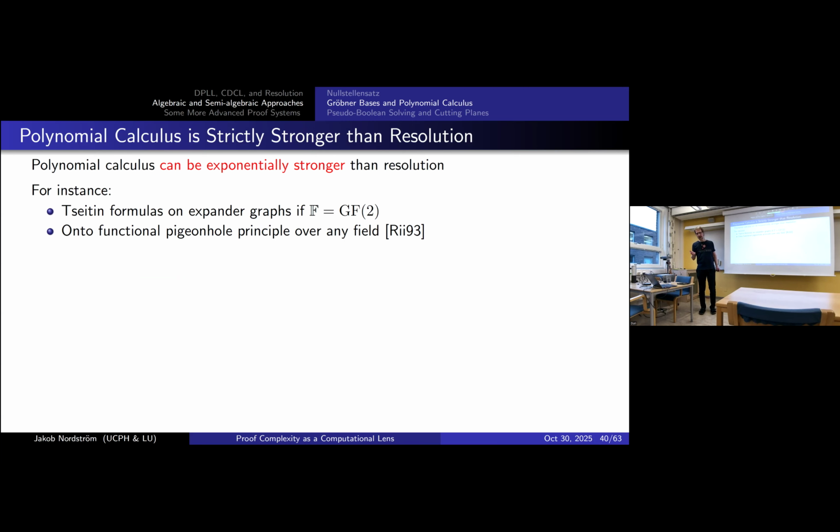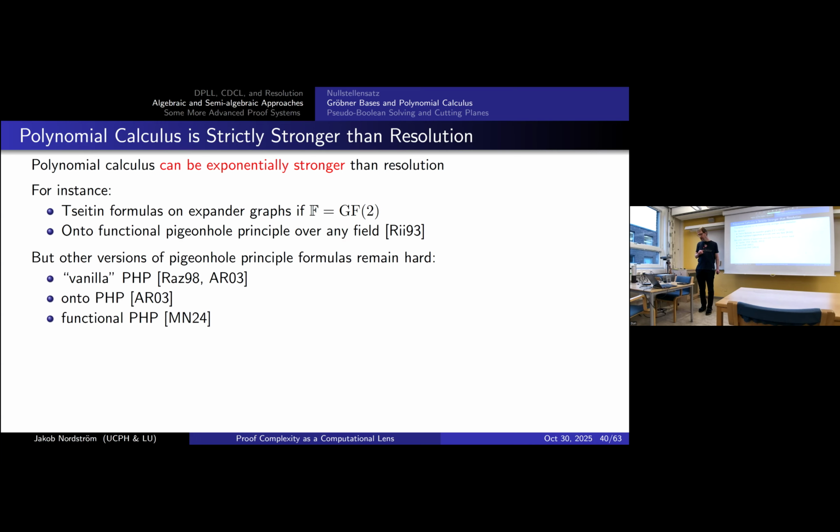But polynomial calculus can be exponentially stronger. For instance, parity formulas are always easy. Remember these parity principles that we talked about. If your field is GF2, the field of two elements, the onto functional pigeonhole principle with n plus 1 pigeons and n holes is always easy in any field.